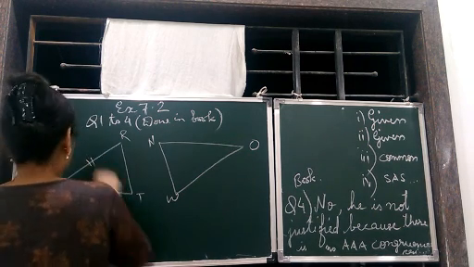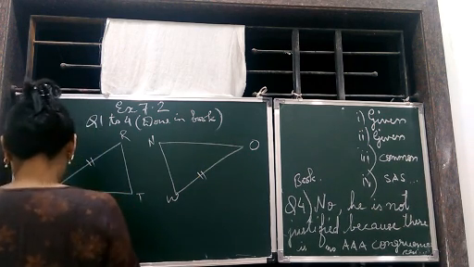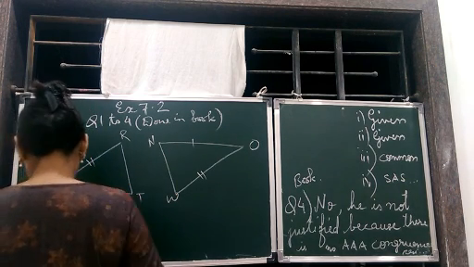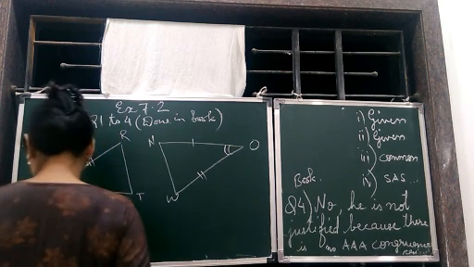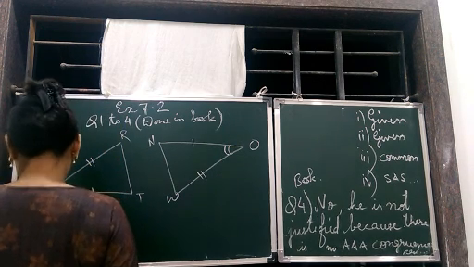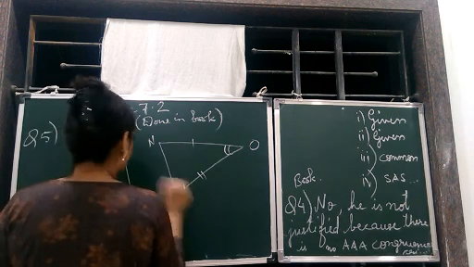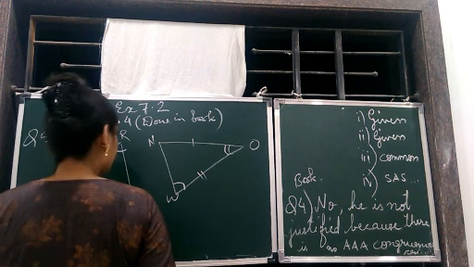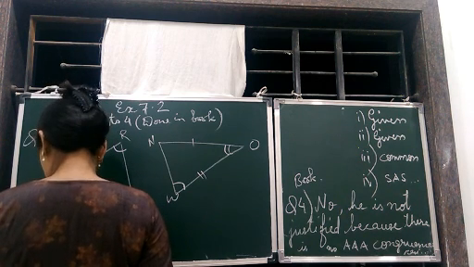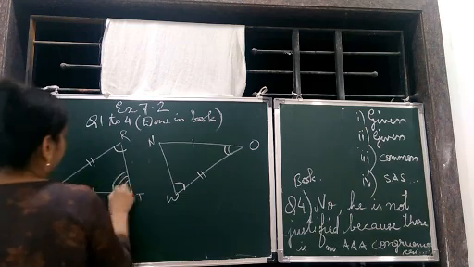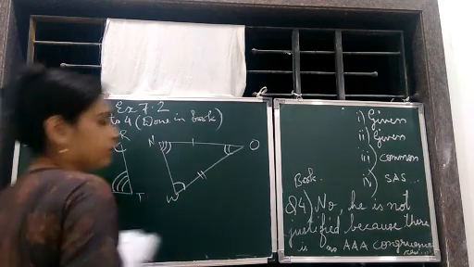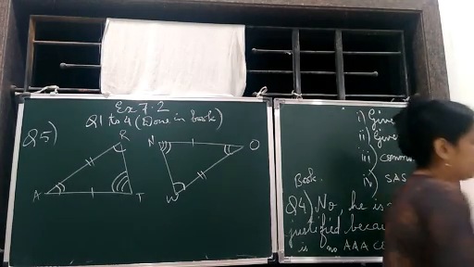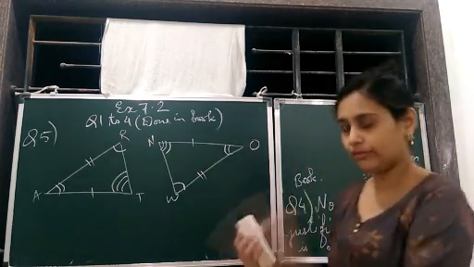This side is equal to this side, then something else, T is equal to N. This shows the corresponding sides. So let's make the diagram, children, once again, okay, with their corresponding sides.